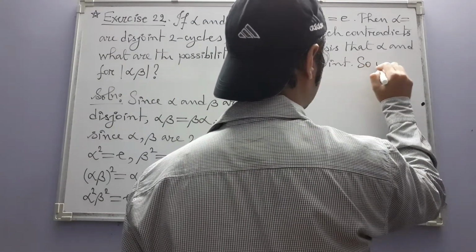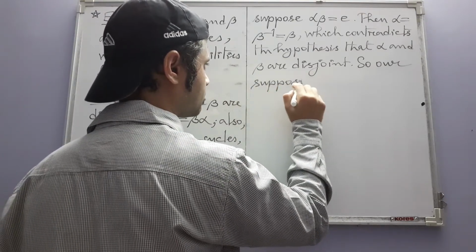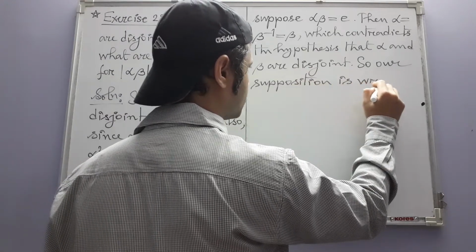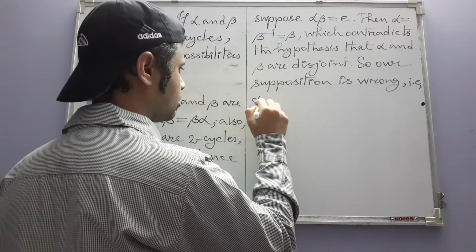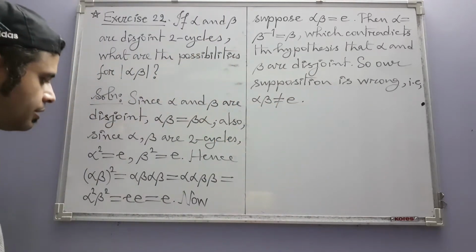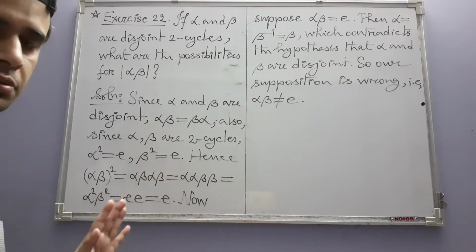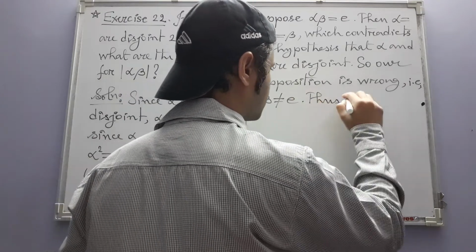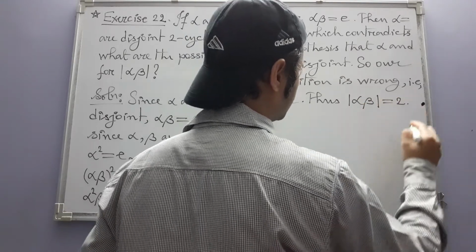So our supposition is wrong, i.e. alpha beta is not equal to identity. So that is why 2 is the smallest exponent which makes this power equal to identity. Thus, the order of alpha beta is exactly equal to 2.